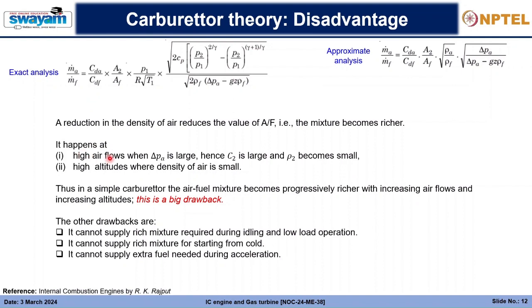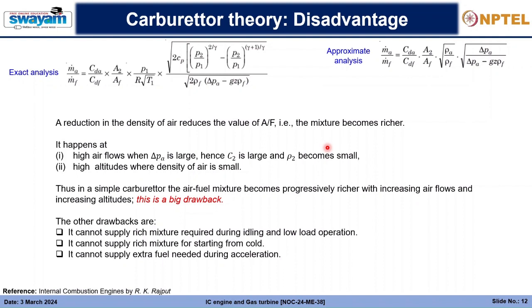First, at higher air flows, when delta PA, the pressure difference between the throat and the outlet from where the air is sucked in, is large, then C2 is large and rho 2 becomes small. So if the velocity of the air at the throat is quite high, then this will happen. And if the vehicle is flying at very high altitudes, the density of air is small. Again, that will be the case.